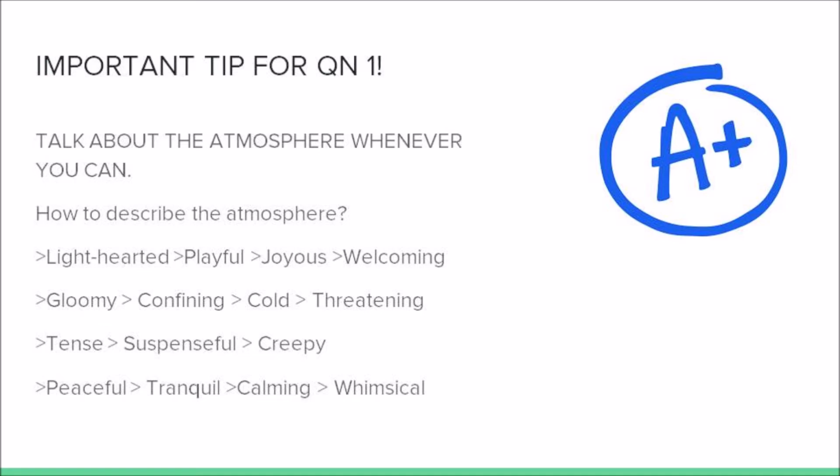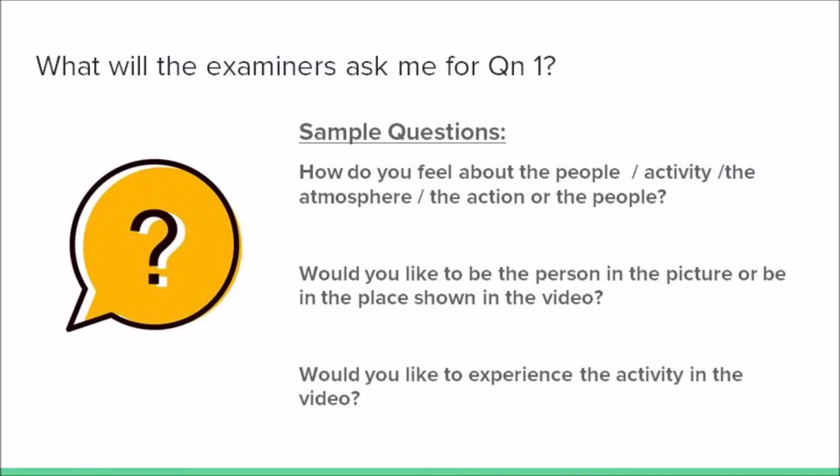If you find that everything looks very calm, maybe a group of elderly playing chess at a park, at a void deck, peaceful, tranquil, calming, it's really up to you, okay? But this will really be a factor that the examiners are looking for, because most people tend to neglect this atmosphere discussion.